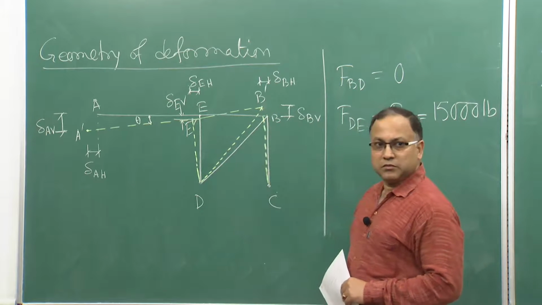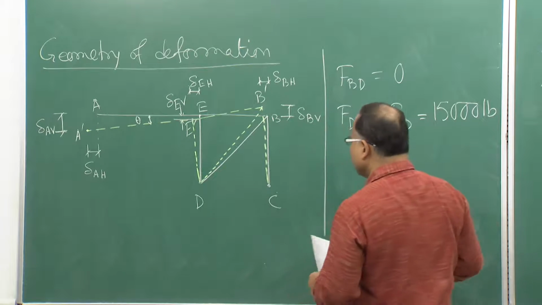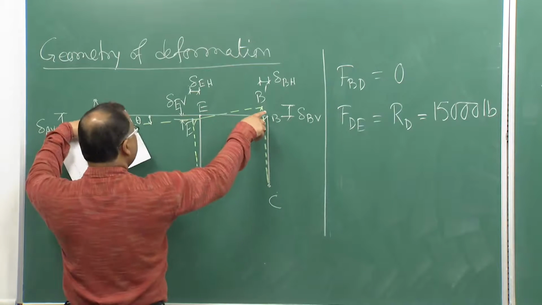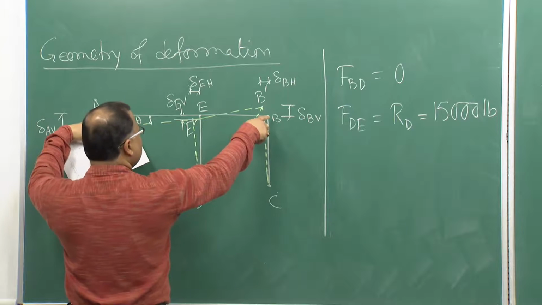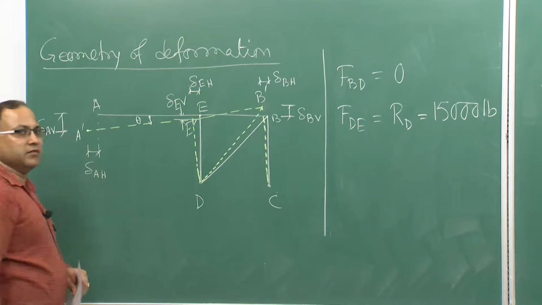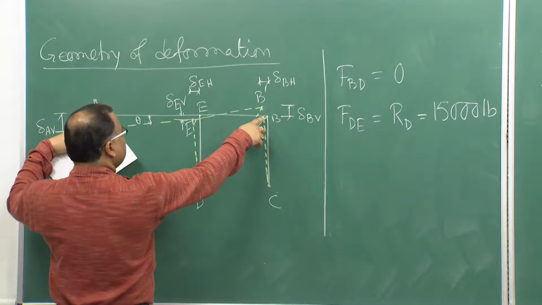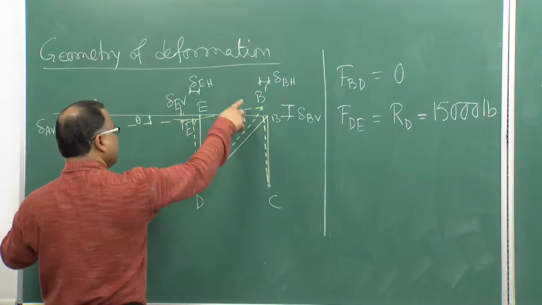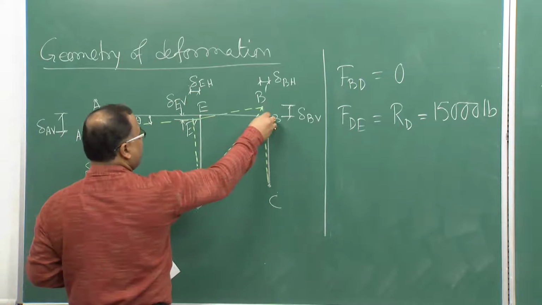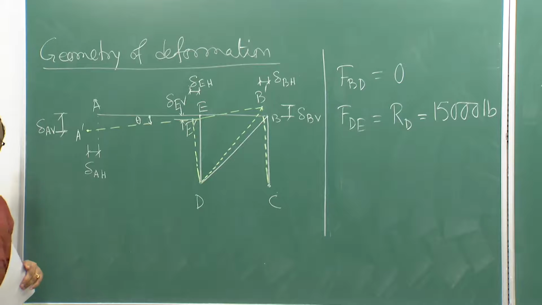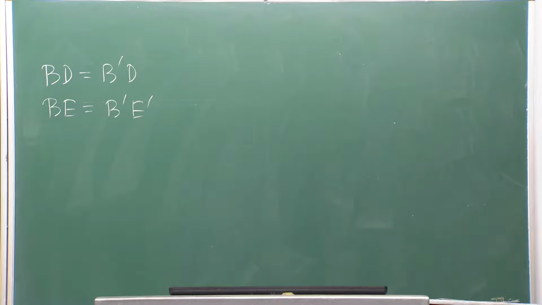From the deformed geometry, BD and B prime D are both equal. If I consider a small deformation problem, what is happening is that this stiff member AB is just rotating with respect to point D. Try to understand: member AB is rotating about point D. So from B to B prime you can consider a circular arc, and BD or B prime D is nothing but the radius, because they are equal.